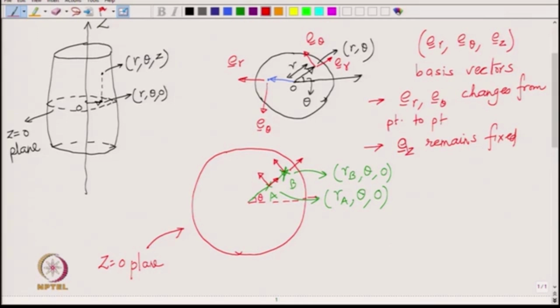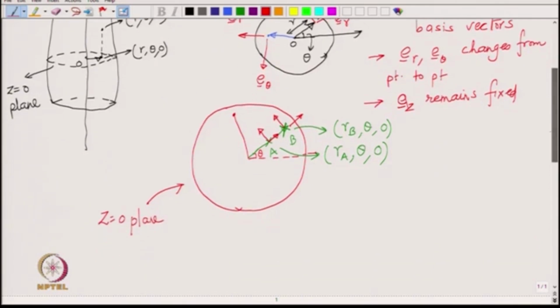So, E r and E theta do not change when only the radial coordinate changes, but when theta changes, you go to some other line with different theta, and then you have different E r and E theta. So, we can write here that E r and E theta change only when the theta coordinate changes.